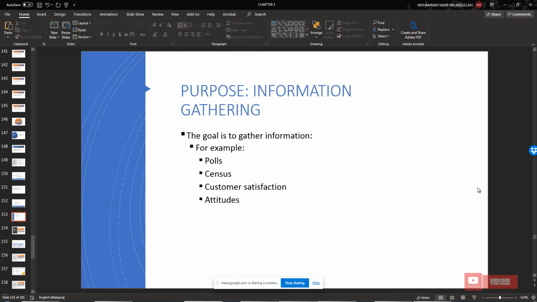In information gathering, the goal is to gather information. For example, you can do a poll, census, customer satisfaction, attitudes, right? You want to measure their knowledge and practice. So this is to gather information.